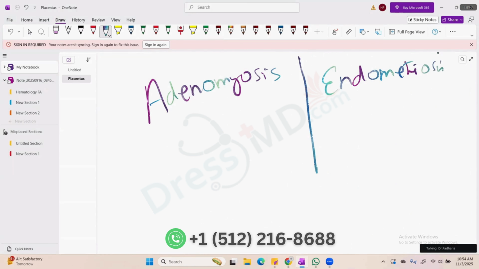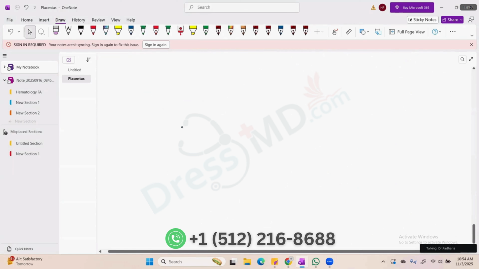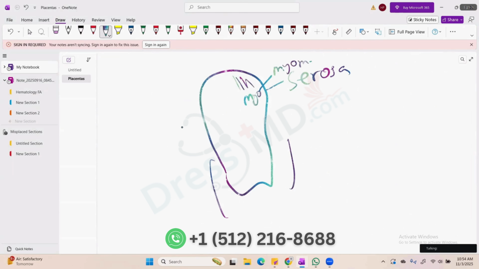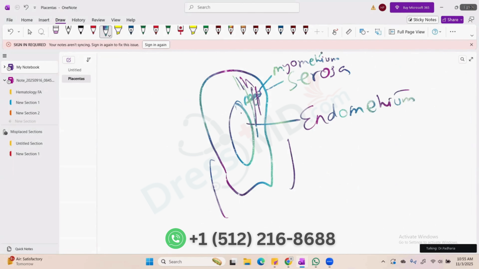The outer layer of the uterus is the serosa. The middle one is the myometrium, the smooth muscle. Then the endometrium, which is lined by columnar epithelium.